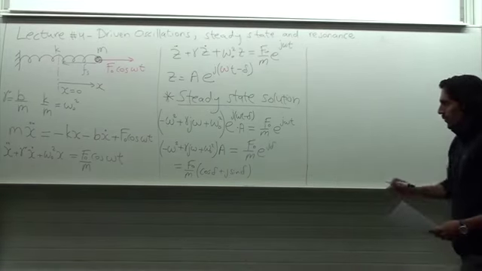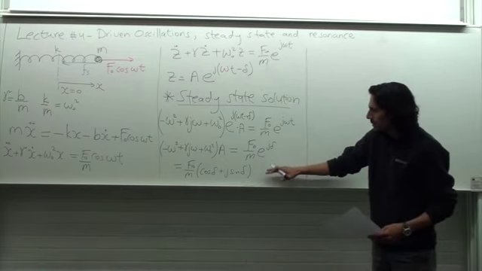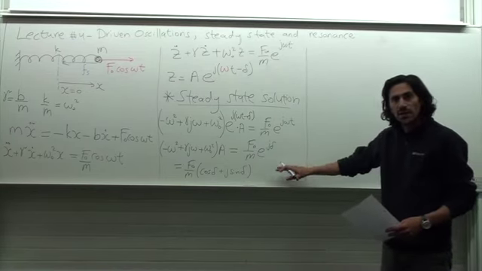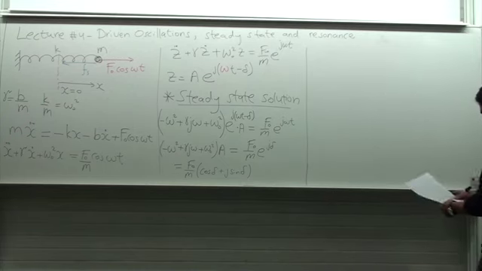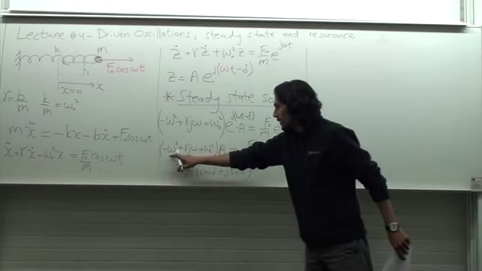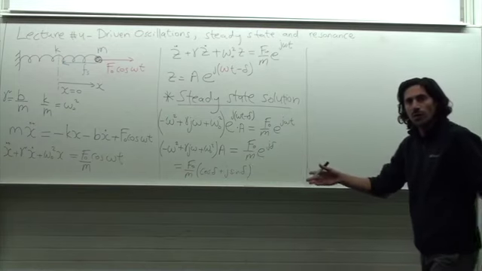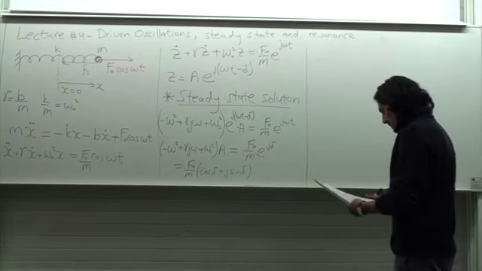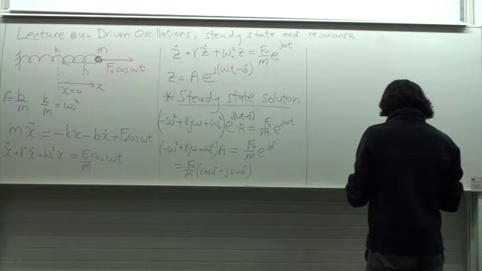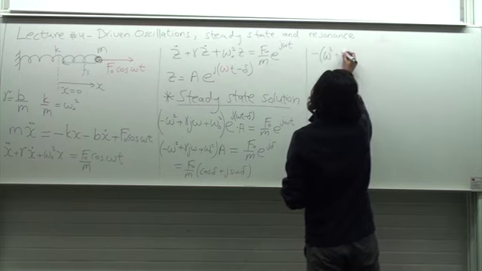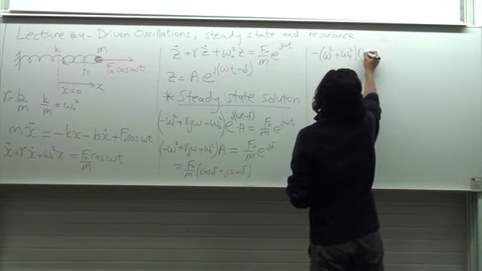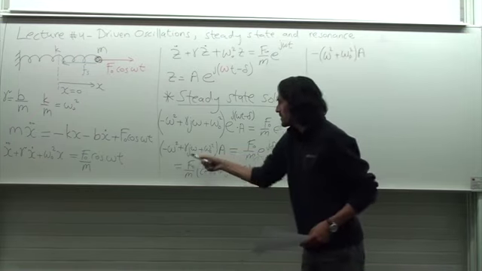Now, for this to hold, as we have already seen, there should be two equations. One has to do with the real parts and the other with the imaginary parts. So we can write two equations with two unknowns. Minus omega squared plus omega 0 squared, times A. These are the real parts.